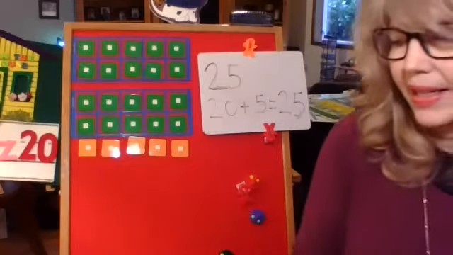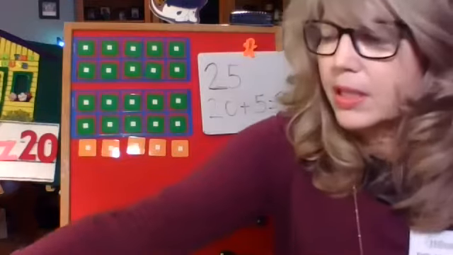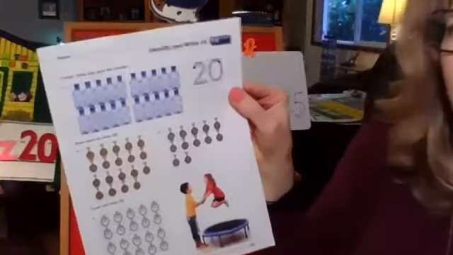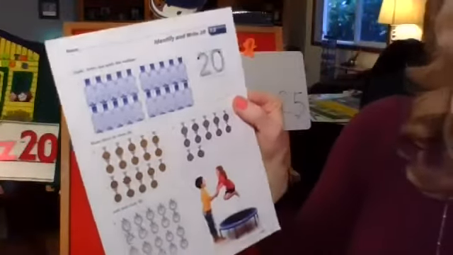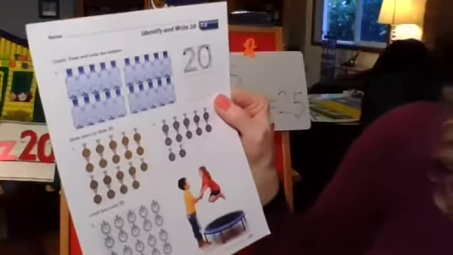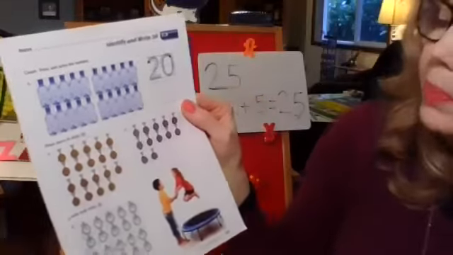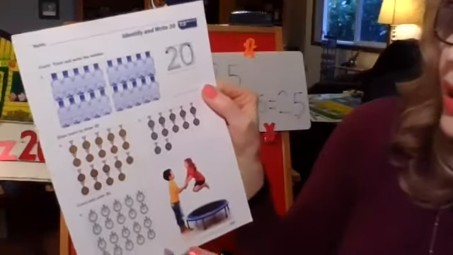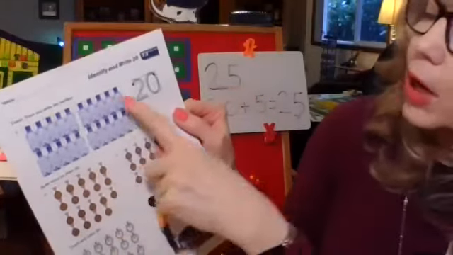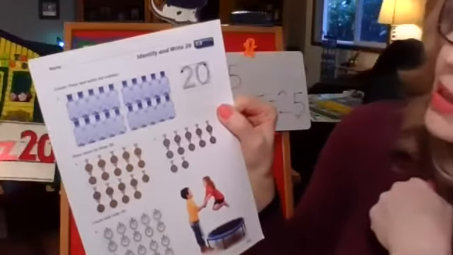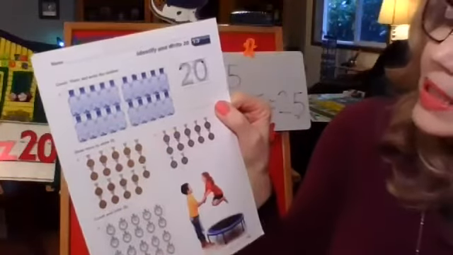I did it. Now on your math paper today, you're going to have some math like what we just did together. These are things you might see at the Olympics, at a sporting event. I see water bottles for all the athletes, and they have put them in 10 sets.